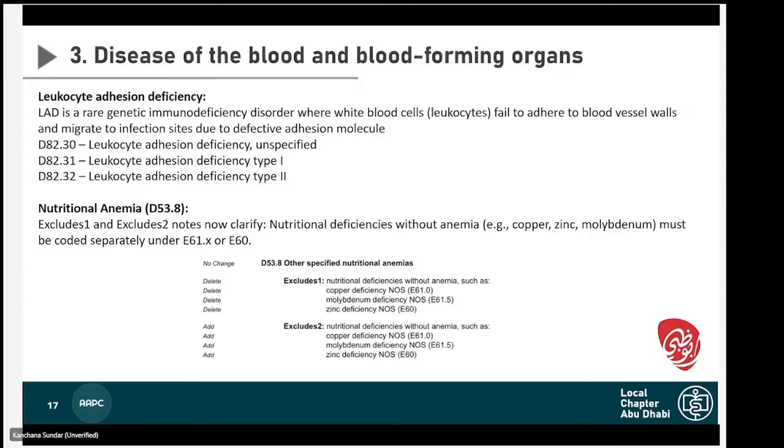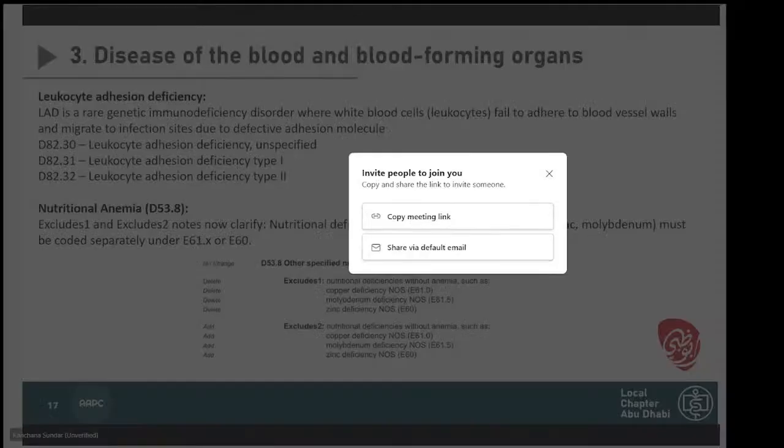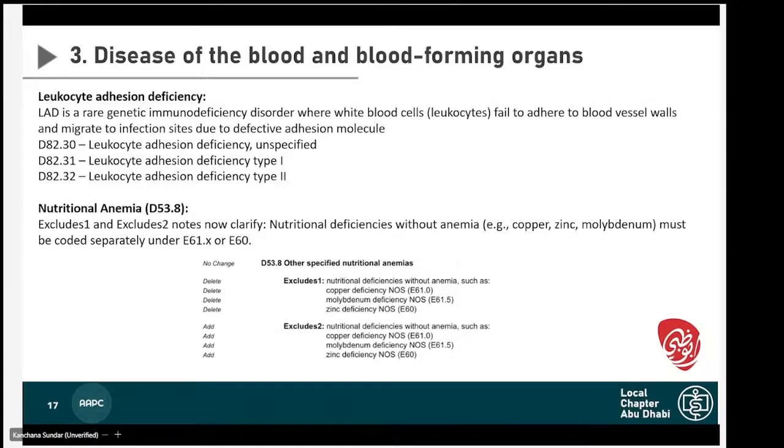And in nutritional anemia, there is no change with the codes, but again, Excludes1 and Excludes2. Yes, Excludes1 is changed to Excludes2, giving an opportunity for the nutritional anemias and deficiencies to be coded together. If you see, I have given a snip from the changes. Excludes1 is deleted for nutritional deficiency without anemia, copper deficiency, molybdenum deficiency, and zinc deficiency.